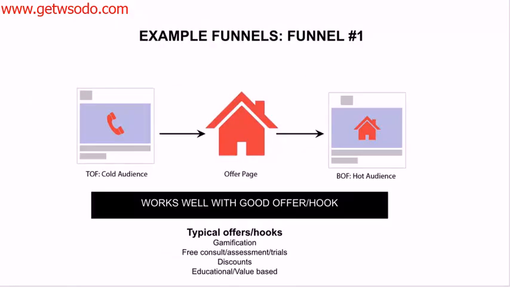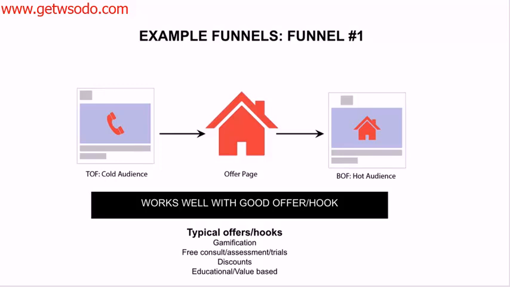Okay, so let's have a look at some of the funnels. Typically, this is what you're going to see happen in the lead gen space. You have a direct response ad going to a cold audience, usually promoting a hook or an offer. Some examples of that include things like gamification, for example, calculate how much your home is worth, or calculate how much you could save off taxes this year.